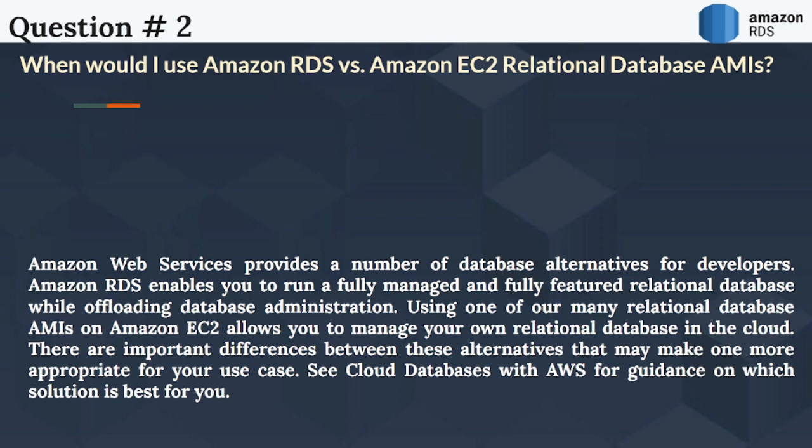Using one of our many relational database AMIs on Amazon EC2 allows you to manage your own relational database in the cloud. There are important differences between these alternatives that may make one more appropriate for your use case. See Cloud Databases with AWS for guidance on which solution is best for you. Let's see the next question.